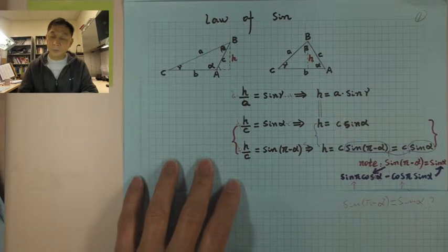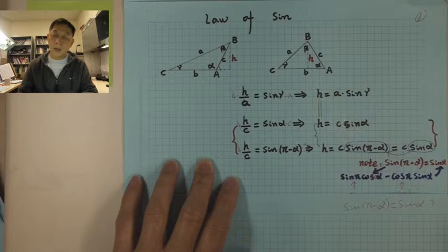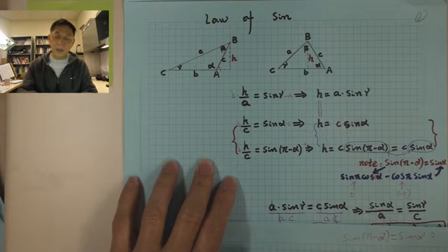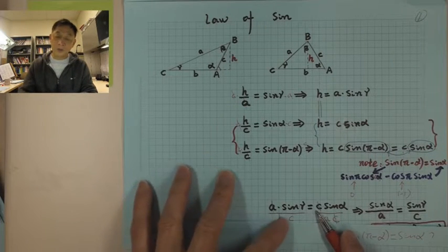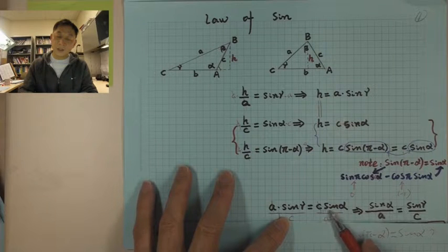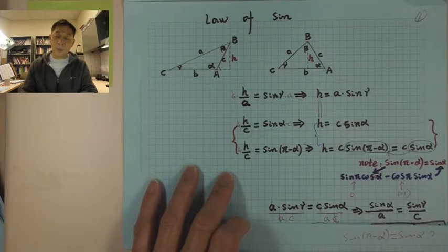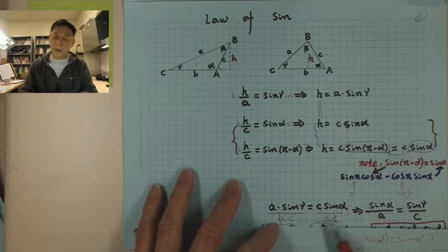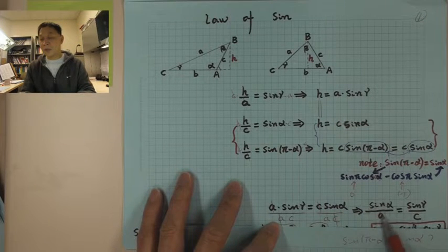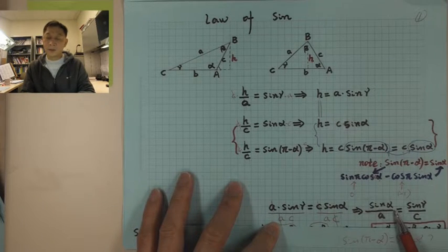Now we still have a sine gamma equals c sine alpha. Again, both sides divided by ac, we then have sine alpha over a equals sine gamma over c.